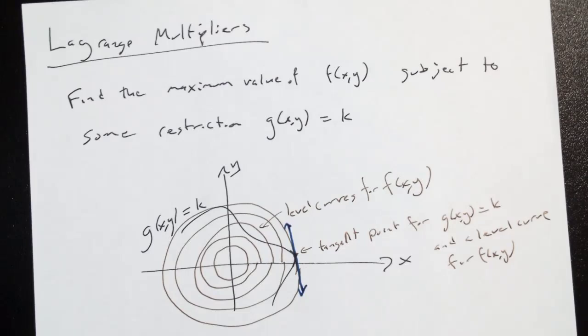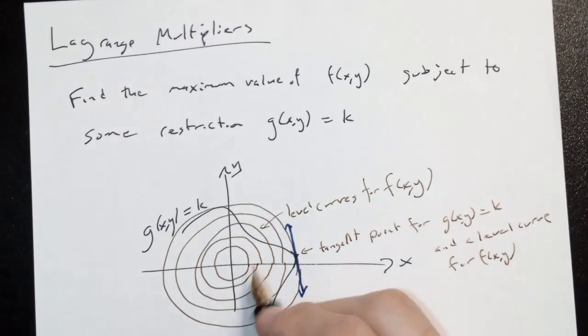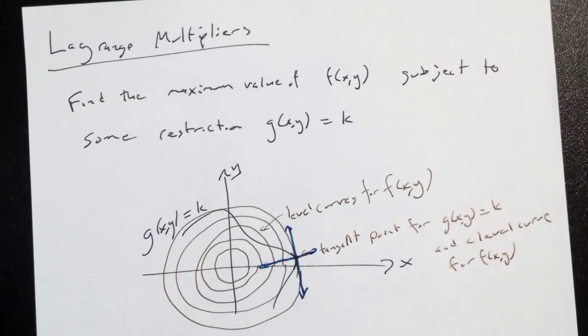If the tangent lines are the same, then I could draw a perpendicular to that tangent line. Wouldn't it be the same? So not only would they have the same tangent line, they'd have the same normal line. Now, normal line means a normal vector. And that means a vector that's perpendicular to a level curve. Hang on a second.